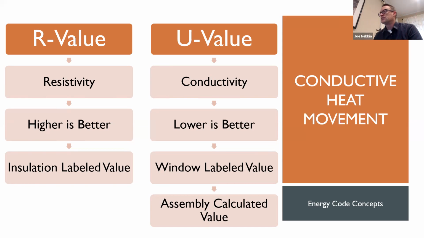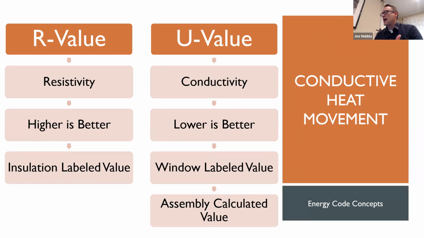So when the code talks about R value, it's talking about labeled insulation R value. So I have an R13 batt of insulation and it's labeled that way, or I blow in a certain amount of insulation and my product has an R value per inch that's been tested. It's an R5 rigid foam board insulation, something like that.